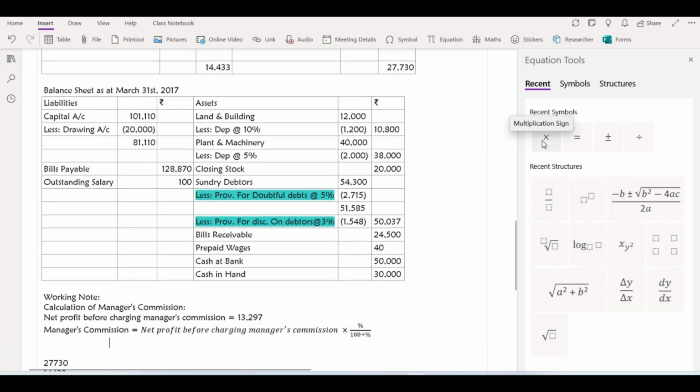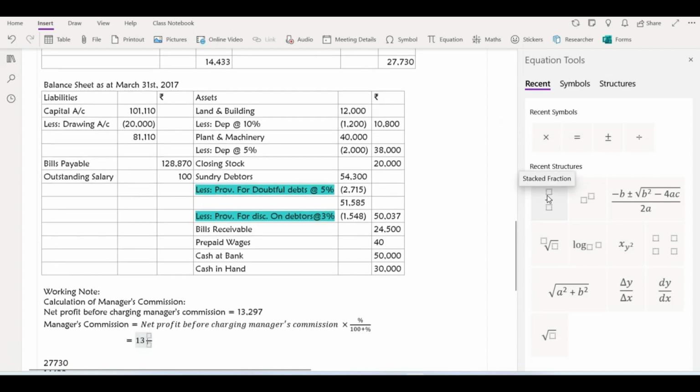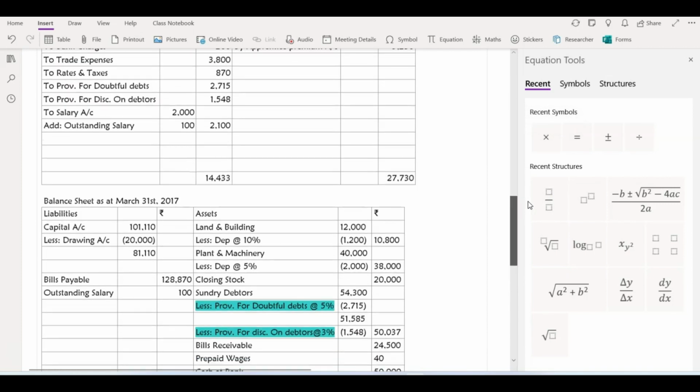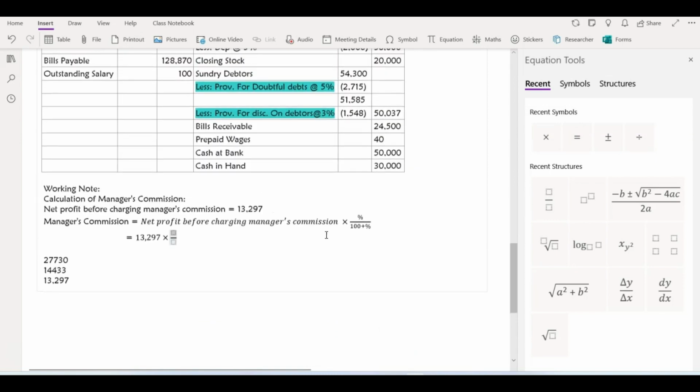All right, now let's put all the values here. So 13,297 multiplied by, what is the rate here? 5%. All right, so 5 divided by 105. So let's do the calculation. 5 divided by 105, so 5 twos are 10, 5 ones are 5.